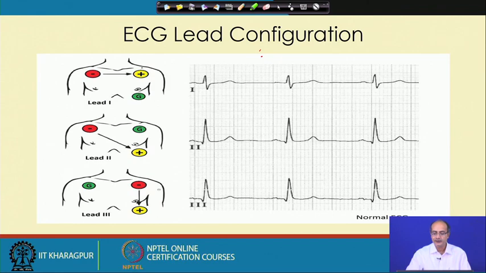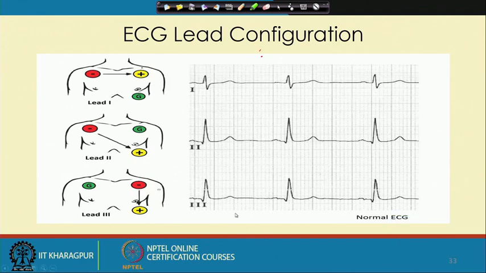Now here in this graph we show how the ECG signal will look like for different configurations. We see at the top the lead 1, followed by lead 2 and then the lead 3 configuration, and the vectorial addition we mentioned, we can check that in this way.